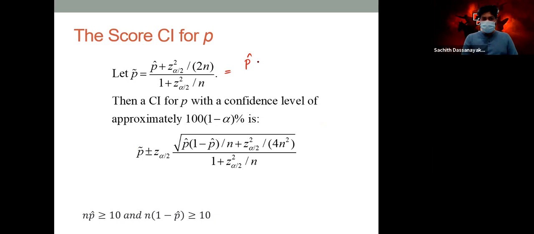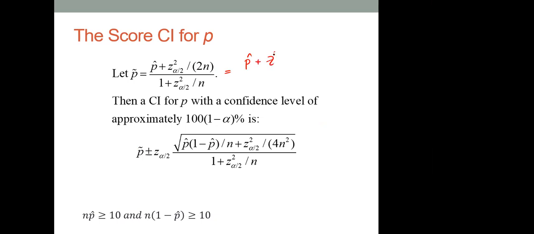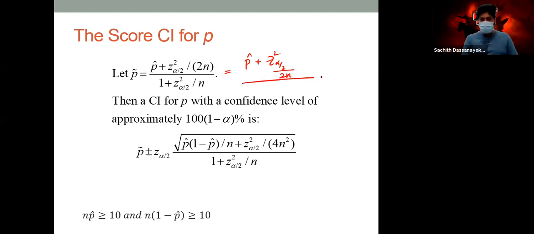Let me rewrite it. P hat plus z squared alpha over 2 times n, divided by 1 plus z alpha over 2 squared divided by n. Once we increase n, what will happen to this p tilde? 2 times n goes up, I mean n increases.